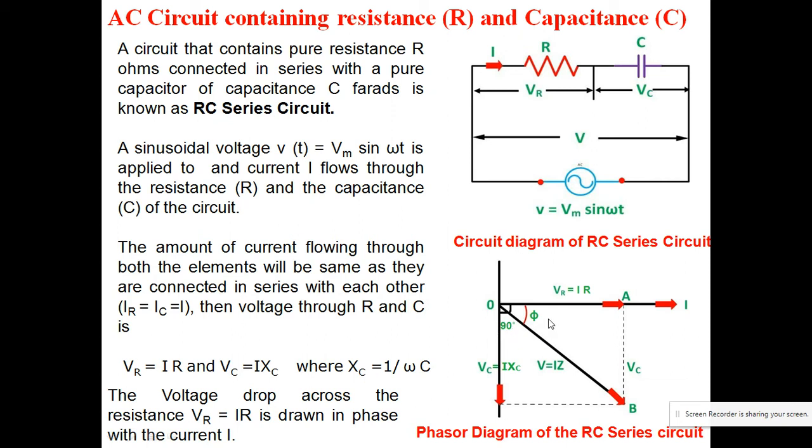If I take the resultant of VR and VC, it comes here, and we show the phase difference by angle phi. When we make the voltage triangle, impedance triangle or power triangle, we will use this concept.